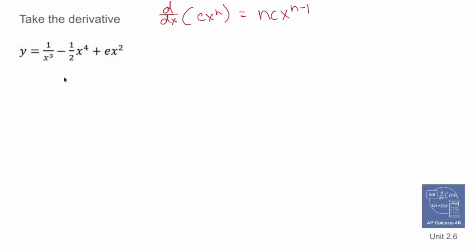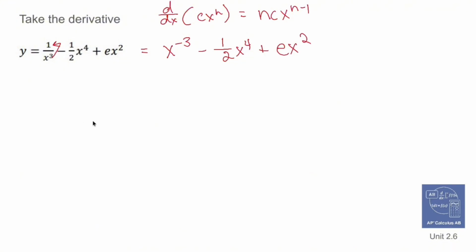I can't do this rule yet because I have x on the bottom of a fraction in the denominator, but all I have to do to clean this up is move that x up here and make it 1 times x to the negative 3rd, and then I'm cooking with gas. So this is fine, and even though that e seems scary, trust me, it's fine.